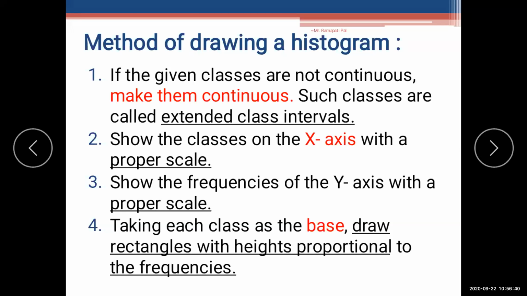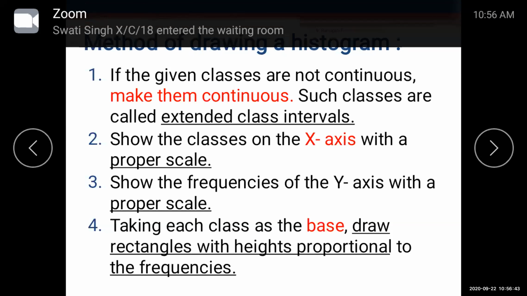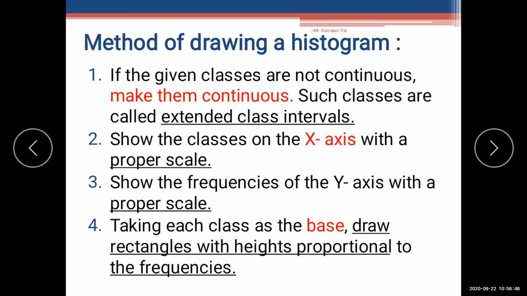I want every student to reply. Yes, Bhumi. Good. Class interval on the x-axis, frequency on the y-axis. If the class is not continuous, then what will we do? Khushi, Manali, we are going to make it continuous. So you understood up to here? Sure?